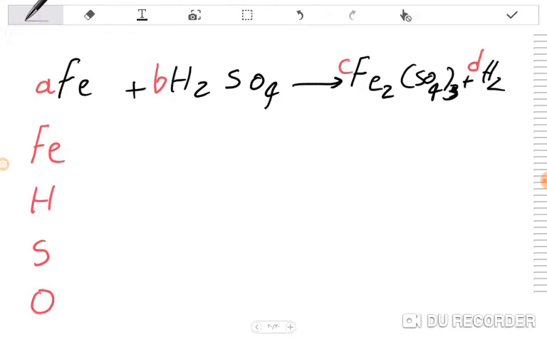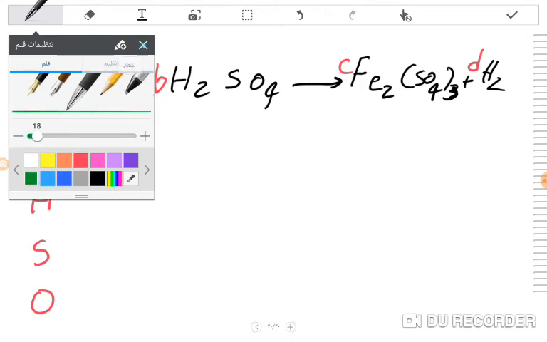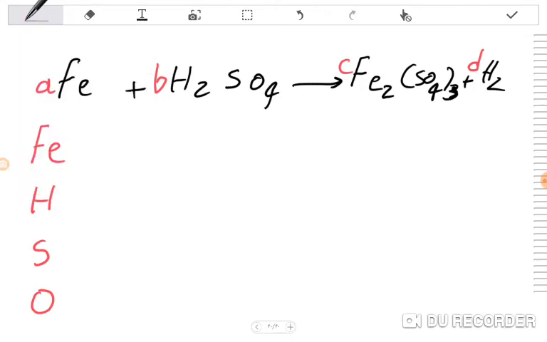Taking help from math, we can write for Fe: the number of Fe on the left side is A, and it has to be equal to 2C, since the subscript of Fe is 2. For hydrogen, we have 2B on the left side and 2D on the right side.